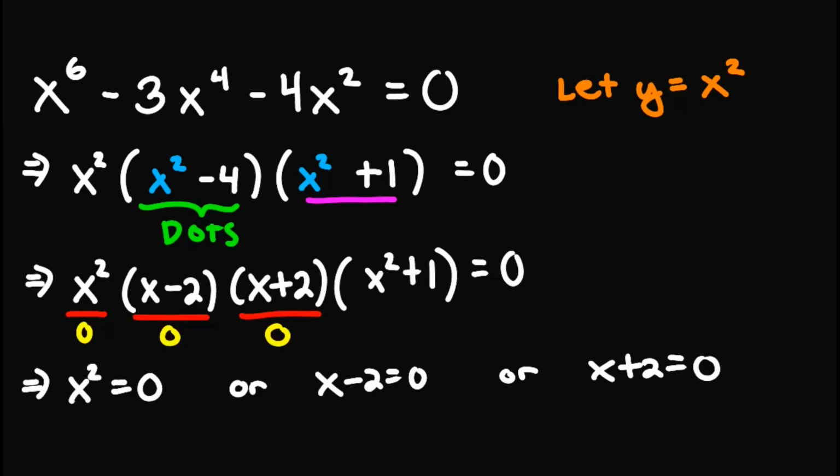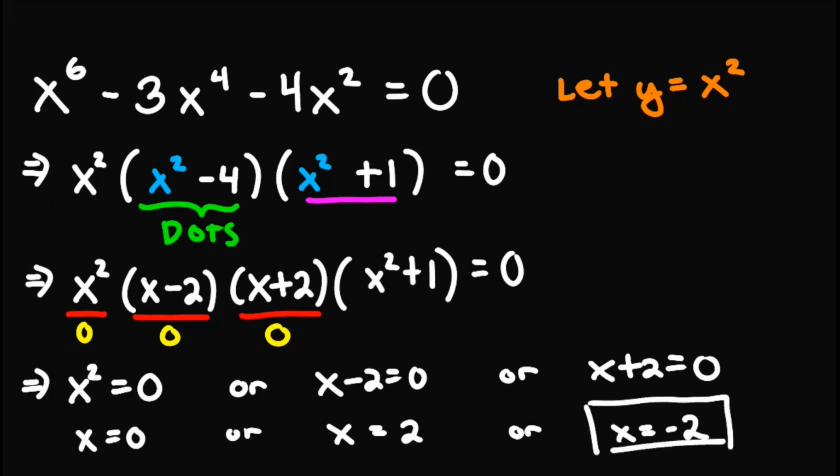Solving these equations, we'll obtain x equals 0, or x equals 2, or x equals negative 2. And these are our final answers. So as you can see, it's also quite a lengthy process, but compared to the rational root test, it's much better and much faster.